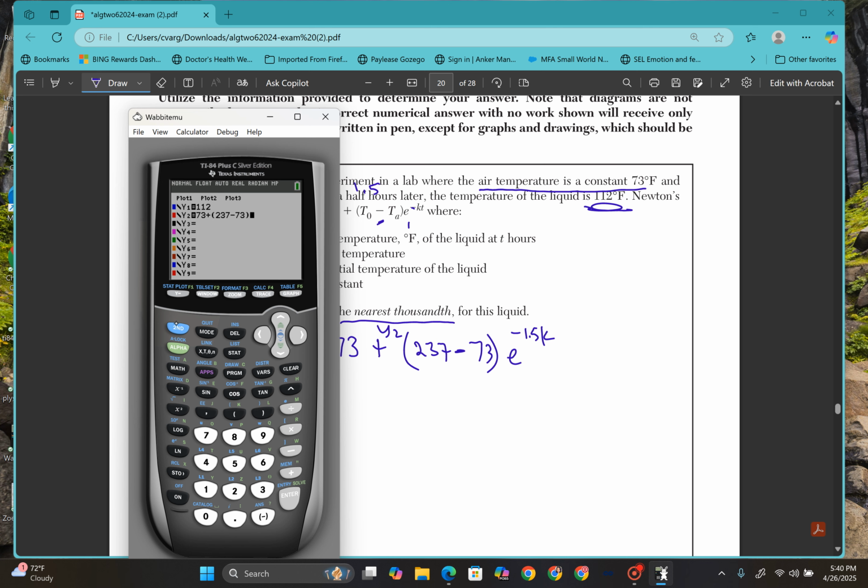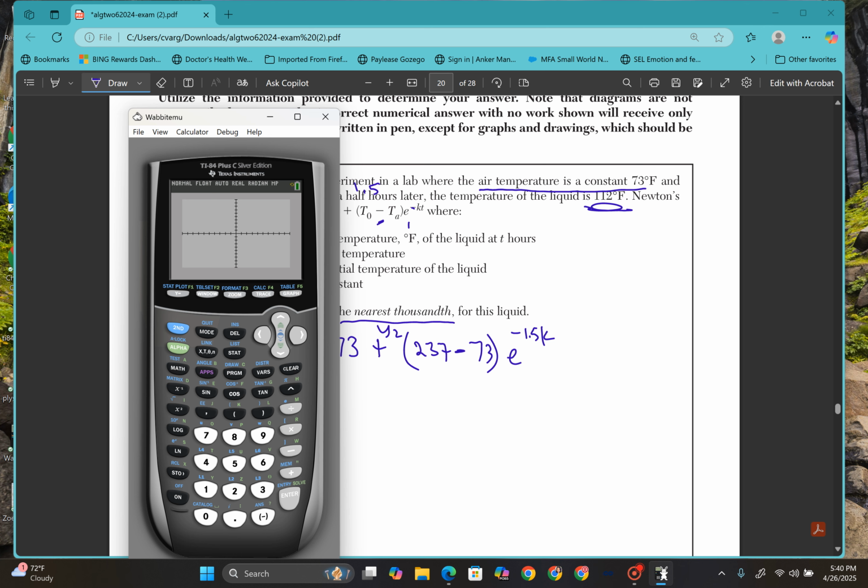Then I have E, so second ln, and then I put negative 1.5, and instead of K, I'll put X. Okay, now I hit graph. So I want to see where these two lines, the 112 and my function, meet.